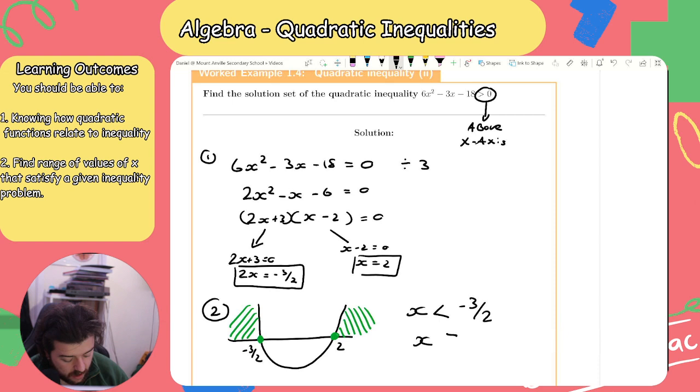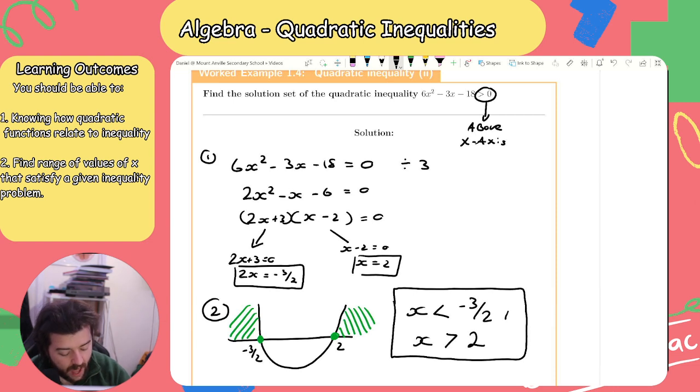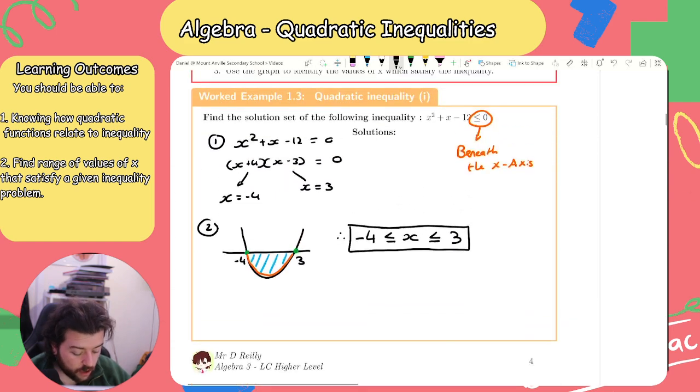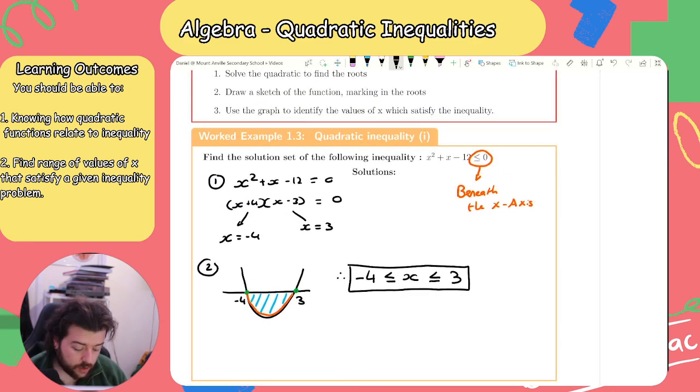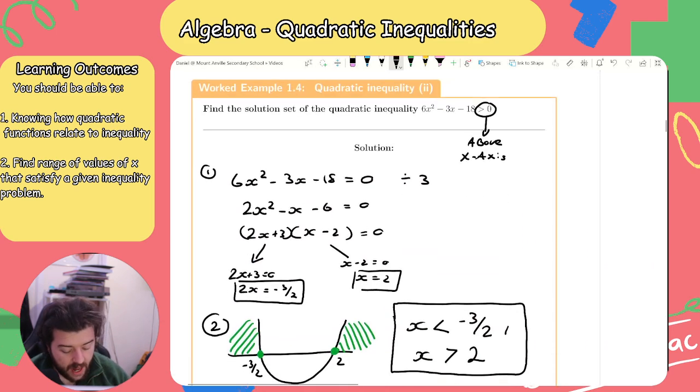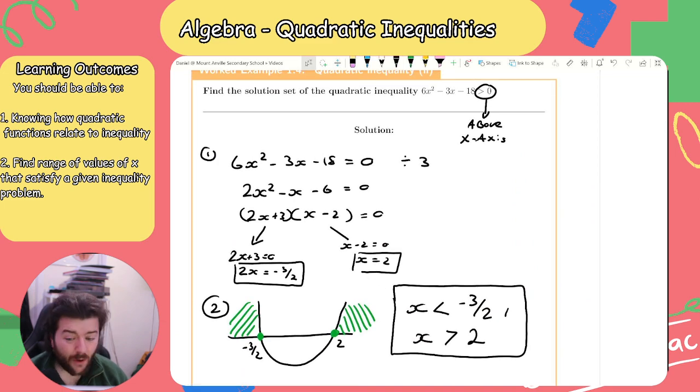Well, x has to be greater than 2. And that's it. And notice how I kept the inequality sign that's given up here. This was a normal greater than sign. If it was a less than or equal to, like it was up here, then you use the less than or equal to sign. And that is how we solve a quadratic inequality.